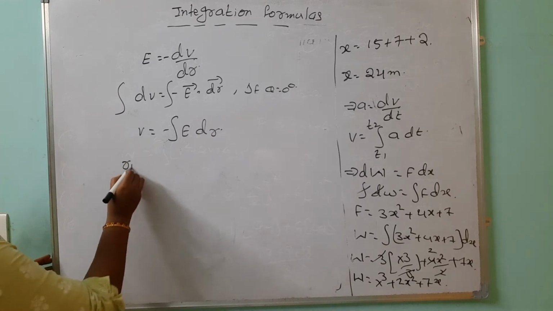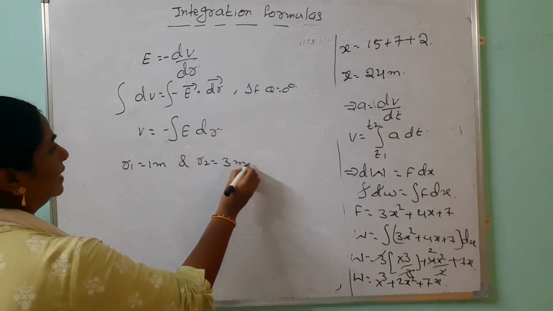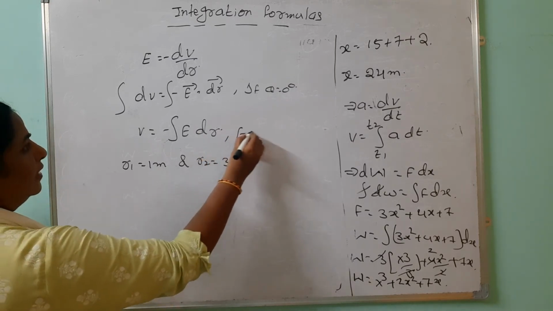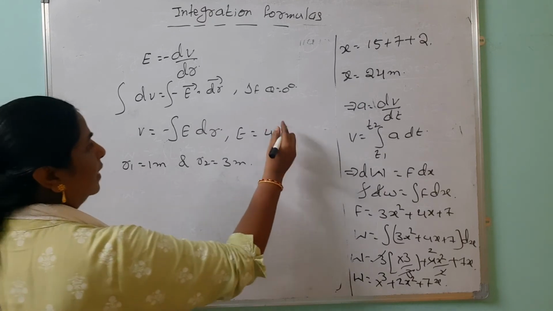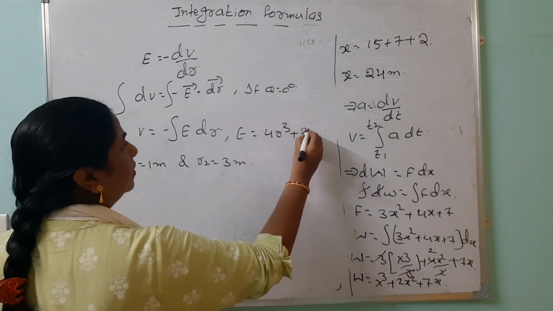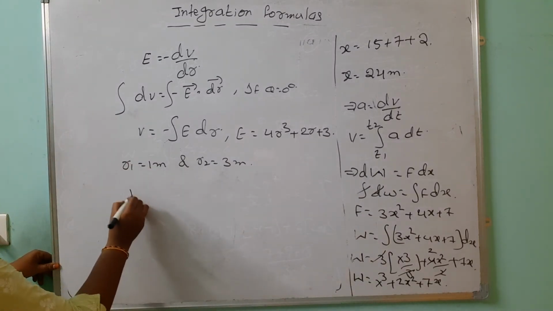Suppose r1 equals 1 meter and r2 equals 2 meters, like that we are taking. And for E they have given 4r cube plus 2r plus 3. This is the E function. Then how do we find the potential?